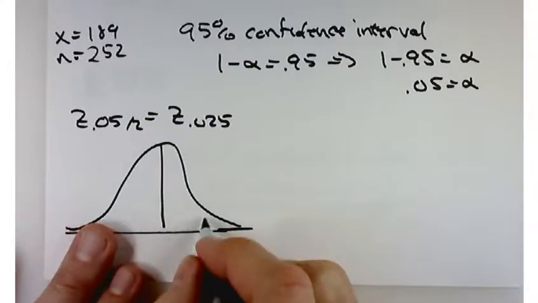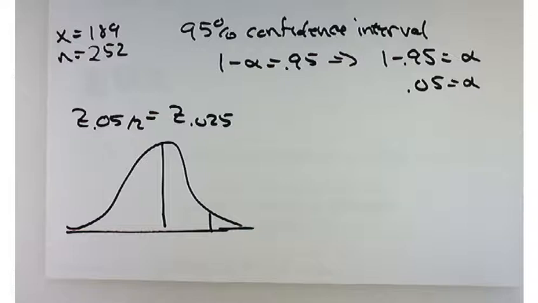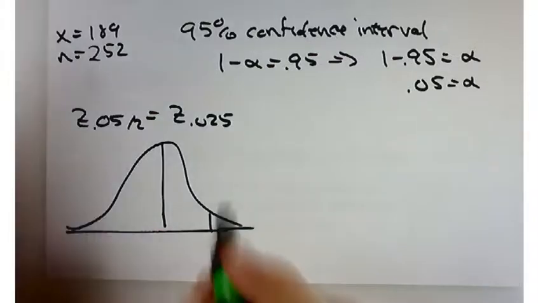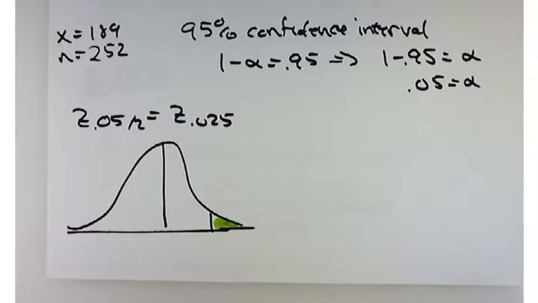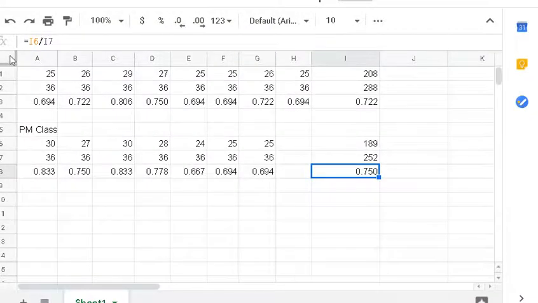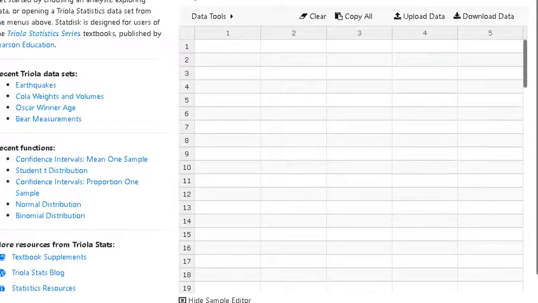But let's try something new here. Let's try getting it from Statistic. It's going to be pretty easy from Statistic. So let me show you where to find that. So I'll open up Statistic. I'm doing it online. You can download it.